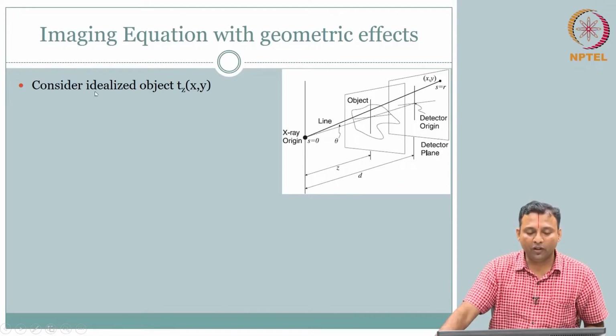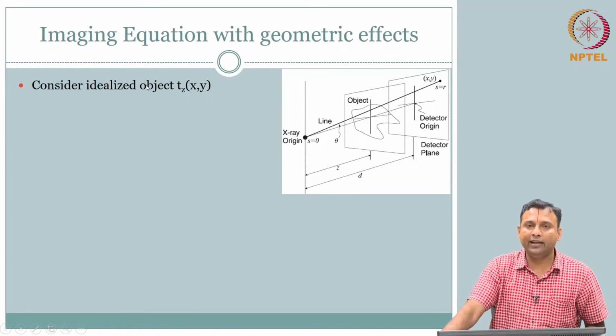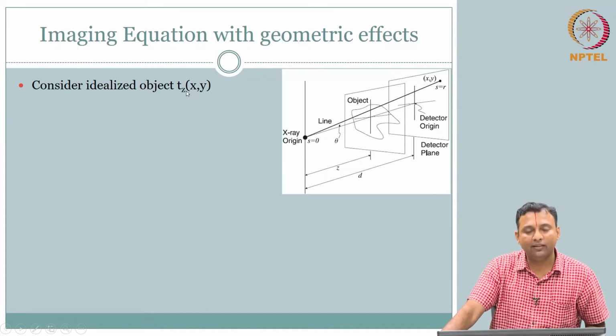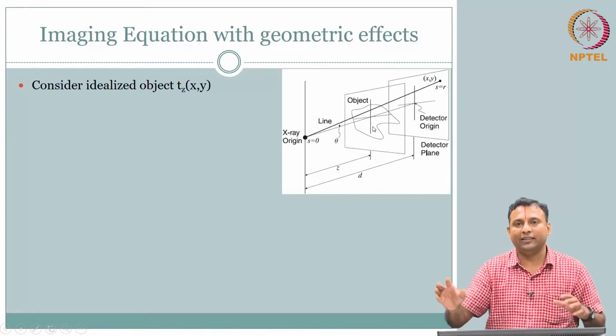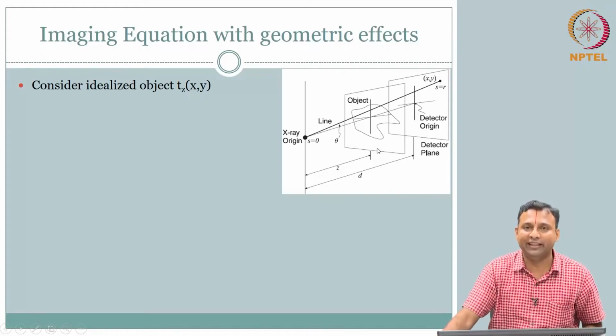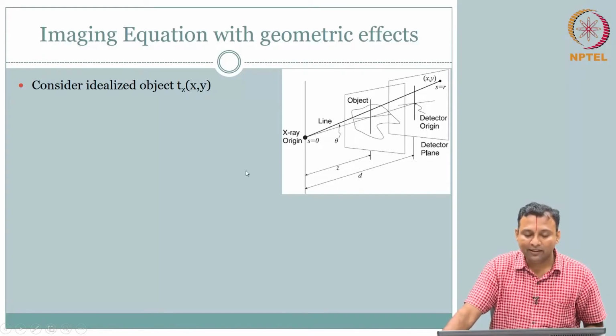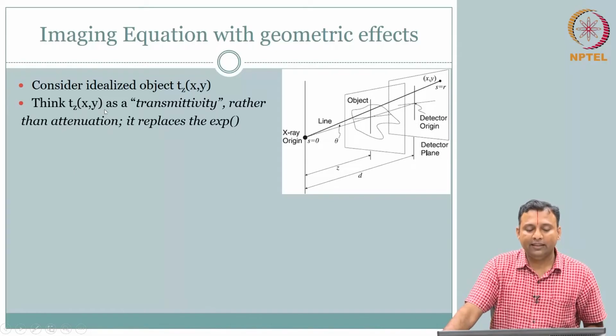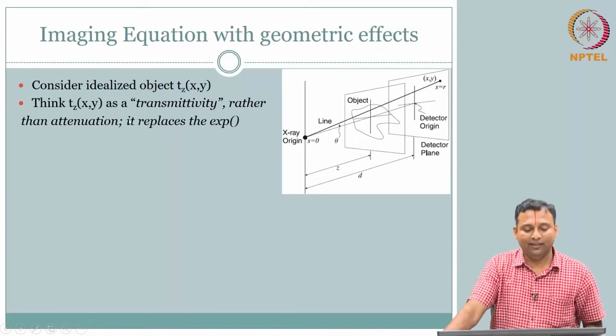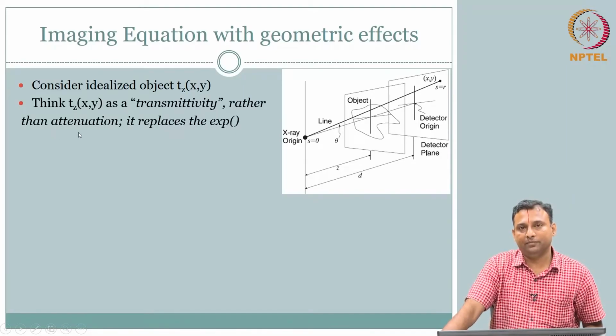So consider an idealized object. Why is it idealized? Because it is infinitesimally thin, it does not have a thickness, and instead of just varying mu, the object is actually mu into delta x. That is the value that you see as the variation. So think of Tz as transmittivity rather than the attenuation. This is very straightforward.